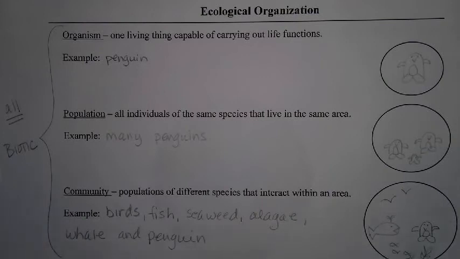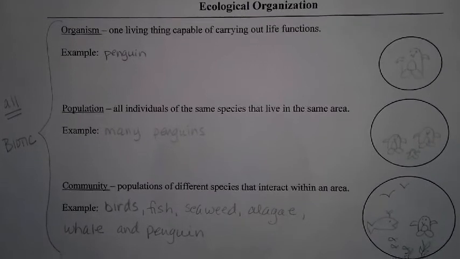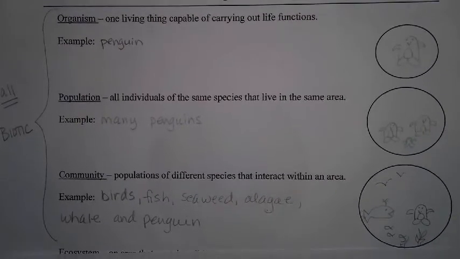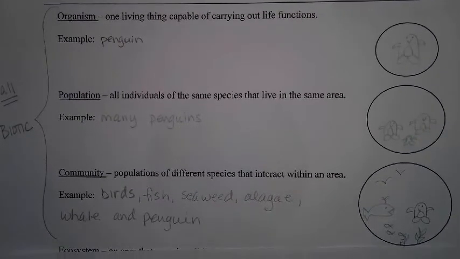So when you group all of the populations of different species that interact within an area, that's called a community. So in our penguins' community, we would add to all the penguins maybe birds, whale, fish, seaweed, algae, maybe a seal.